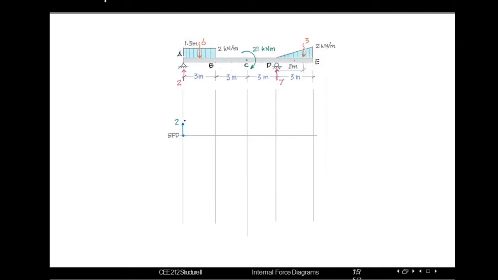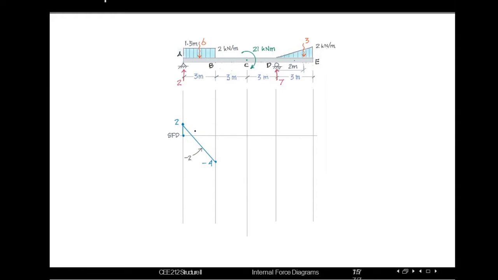So the summation up to point B, initially it was 2 and it's facing minus 6, so 2 minus 6 is minus 4, which will be around this point. So minus 4. As the load is uniform, the line will be an inclined one.